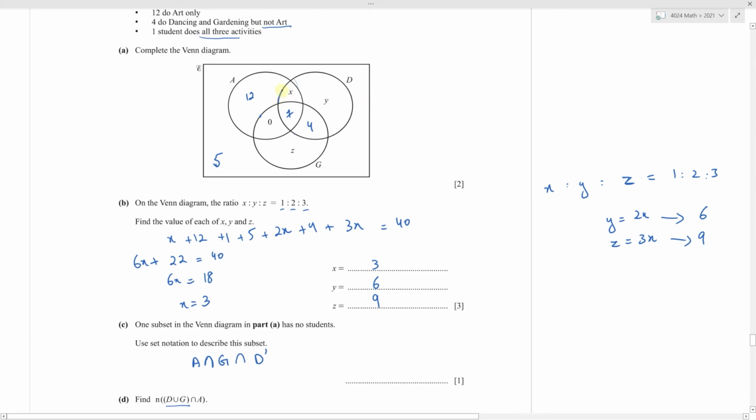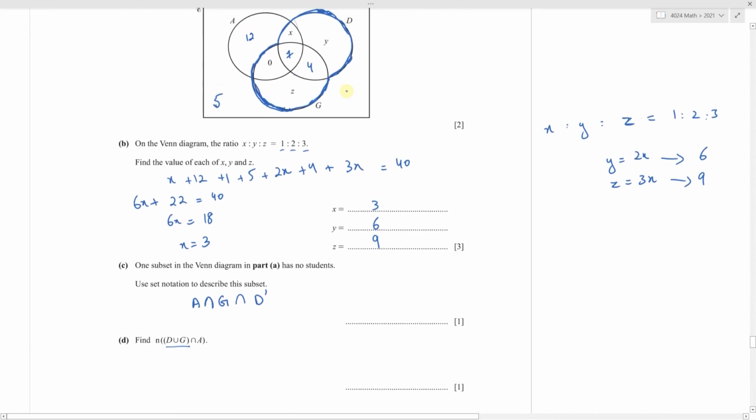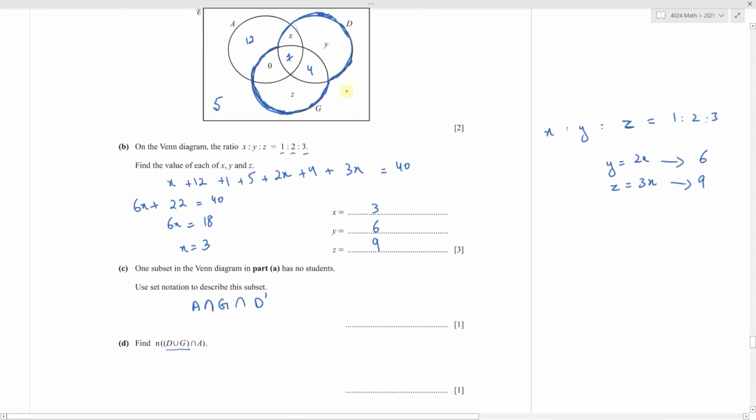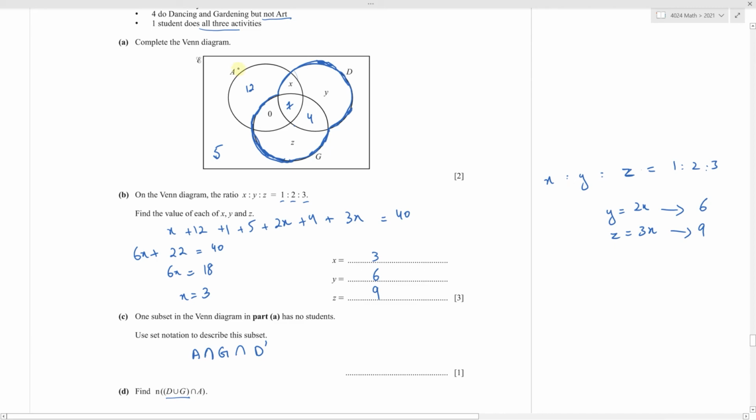So D union G is everything inside of D and everything inside of G. So this blue area is D union G. And then you're looking for intersection of this area with A. Which part is A? So A is this. This green part is all A.